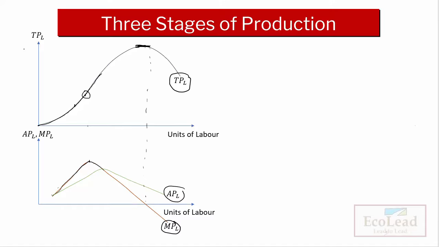Now when we incorporate the additional information of the average product of labor, we can see that initially the total product is increasing. Whether at an increasing or a decreasing rate, initially the average product of labor is increasing, and the average product of labor reaches a maximum.